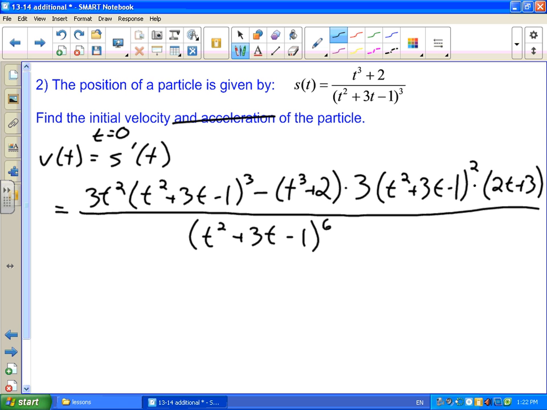Now, this is a pretty ugly expression here, but it becomes a lot simpler because we're only asked to evaluate this at t value of 0. So we just need to sub in 0 everywhere. So let's see. If we sub in 0 here, do this in red, this t right here becomes a 0. This whole term goes away.